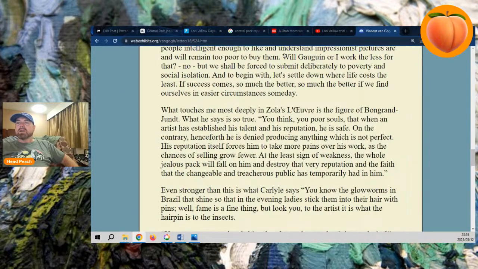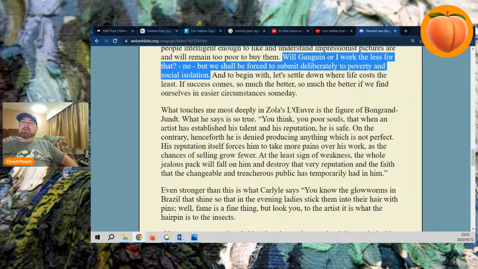So can you see how he's talking about the difficulty of an artist who's misunderstood? He's working hard. Ultimately, all these efforts are going to pay off, just not for him and not in his life. His struggle is keeping him poor. His struggle means he's socially isolated. He's lonely.